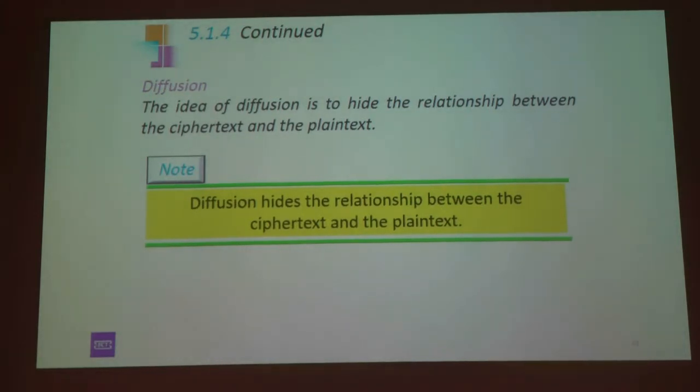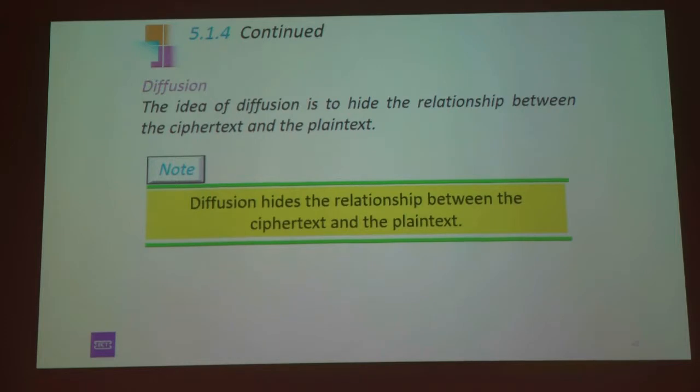There are two things we always have to do, and together they must be there to have a good algorithm. The first one is diffusion, and the second one is confusion.